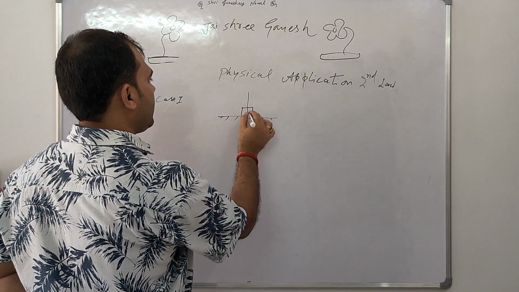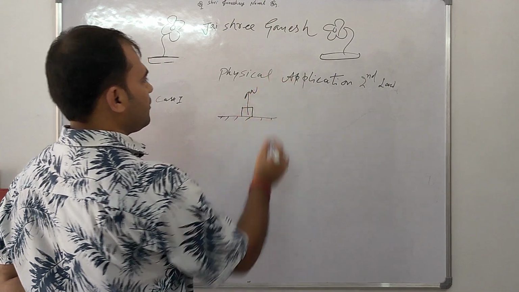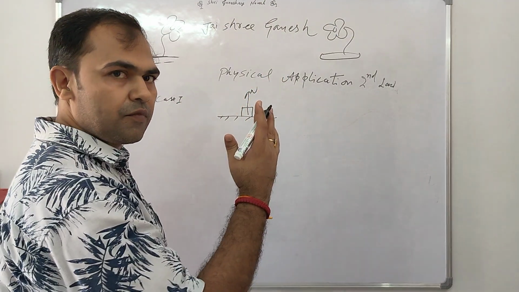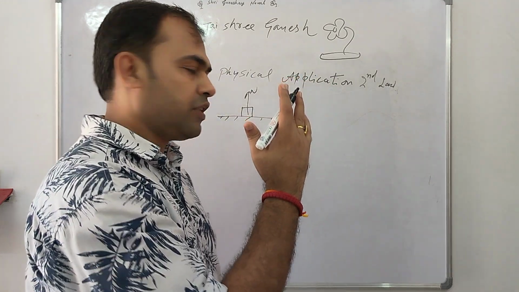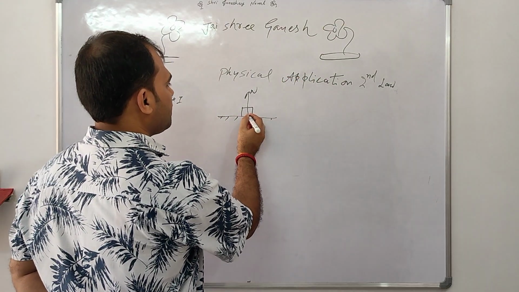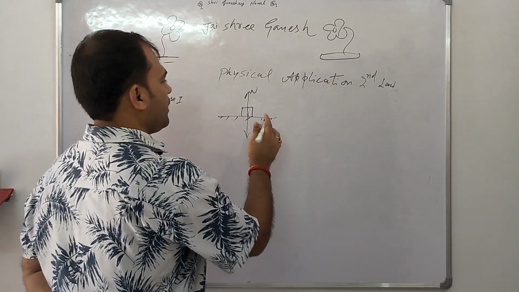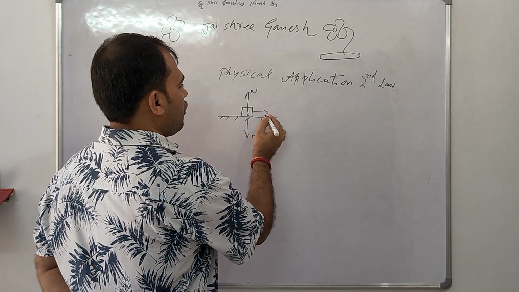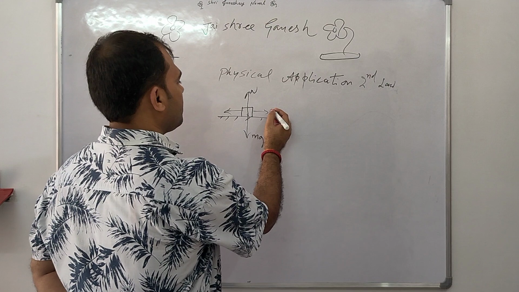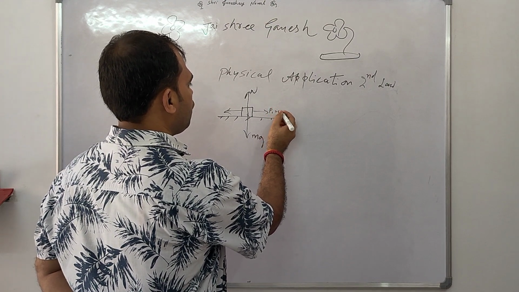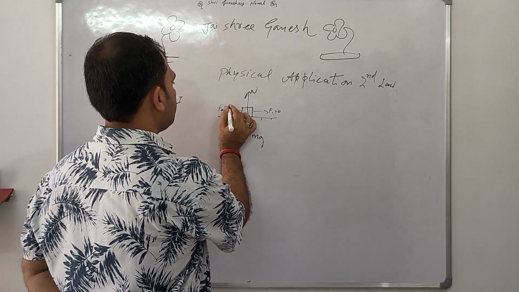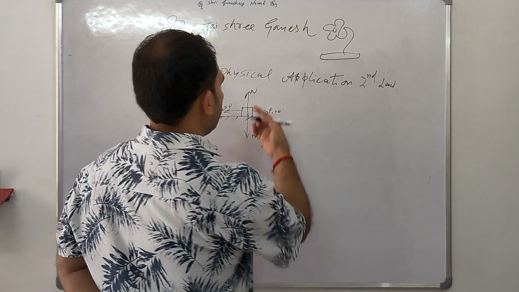So normal reaction N will be vertically upward, perpendicular to the surface, and gravitational force mg will be vertically downward. No horizontal force will be there. F1 is equal to 0, F2 is equal to 0.